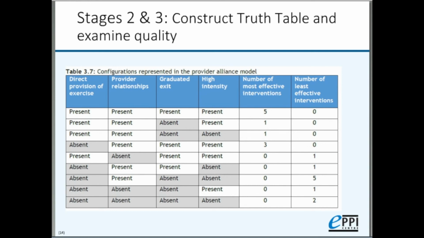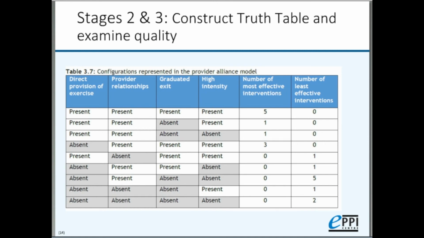So when all 4 of those conditions in our configuration are present, we had 5 interventions with all 4 present, and all of those were most effective interventions. If you look down at the bottom of the table, where all 4 of those conditions in our configuration are absent, we only had 2 interventions representing that configuration, and both were least effective interventions.